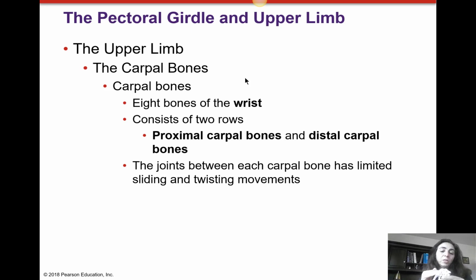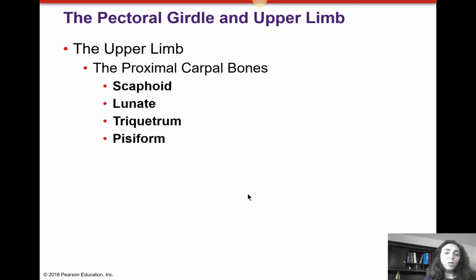The best way to learn them is exactly like that. Divide them into 2 rows and go from the lateral side, that's the side of the thumb, toward the medial side for each row. The joints between each carpal bone have limited sliding and twisting movement. They just slide over each other a very tiny amount, to make it easy to move, not much movement.